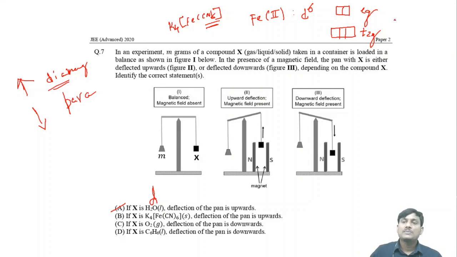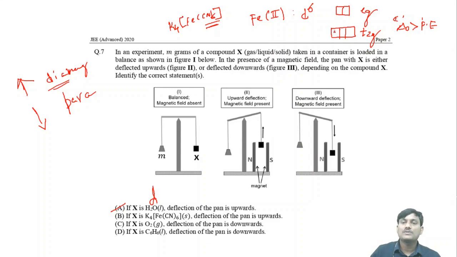Here the crystal field splitting energy, delta naught, is greater than the pairing energy P. So since the crystal field splitting energy is greater than the pairing energy, the electrons will be paired.